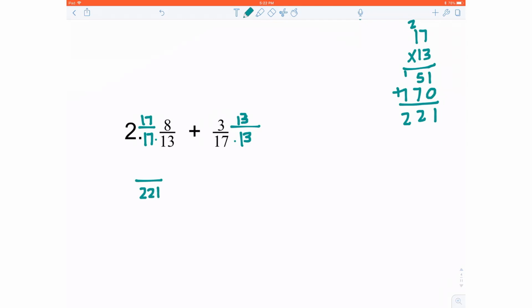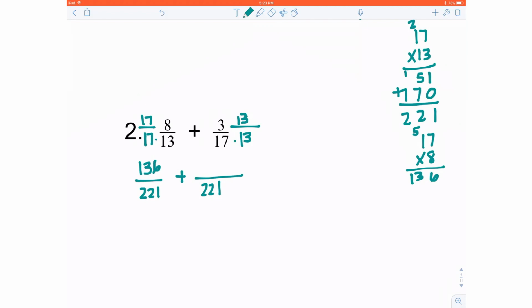Now let's do 17 times 8. So 8 times 7 is 56. So I'm going to put a 6 and carry the 5. 8 times 1 is 8, plus 5 is 13. So I have 136 up here, 221 on the bottom. We're going to do 221 here again.